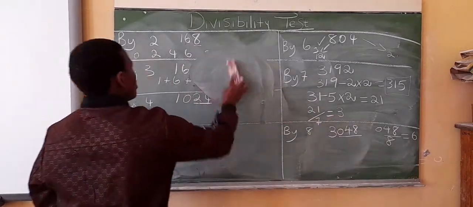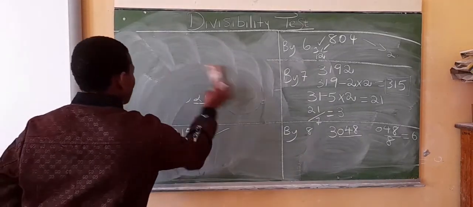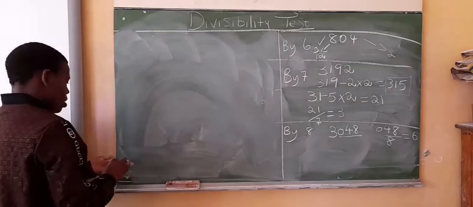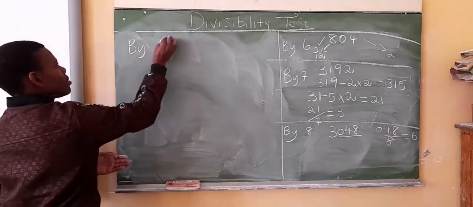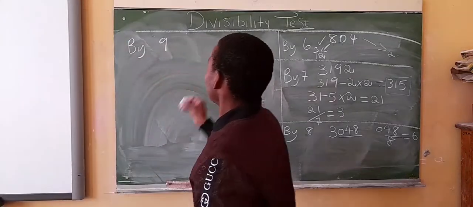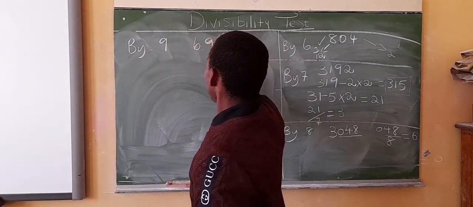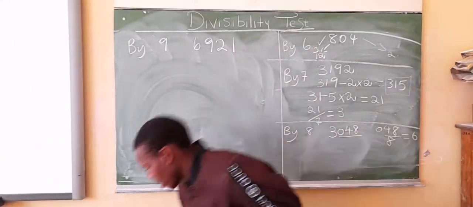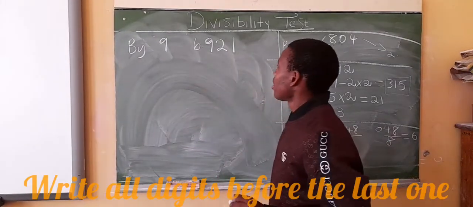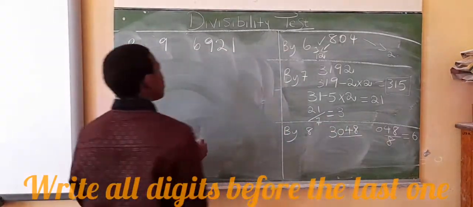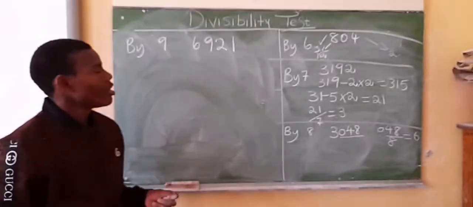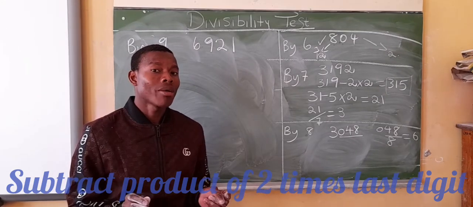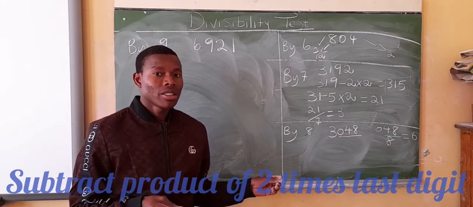Let's come to the last one, which is divisibility by 9. Let's write a number, 6921, and check whether it is divisible by 9 by applying the idea of divisibility by 3. Remember, for divisibility by 3 we add all the digits and check whether the sum is divisible by 3.